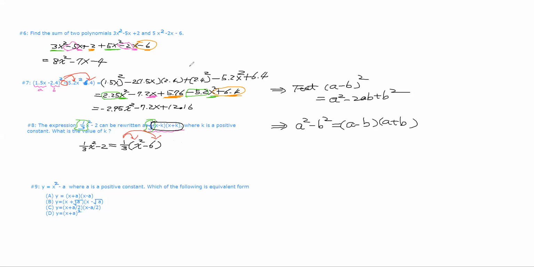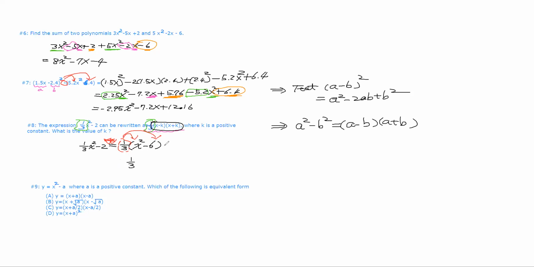This is pretty important, right? This step is very important: how do you factor the number out and then adjust inside the constants? Okay, so now this will give you 1/3, and now the a squared minus b squared.